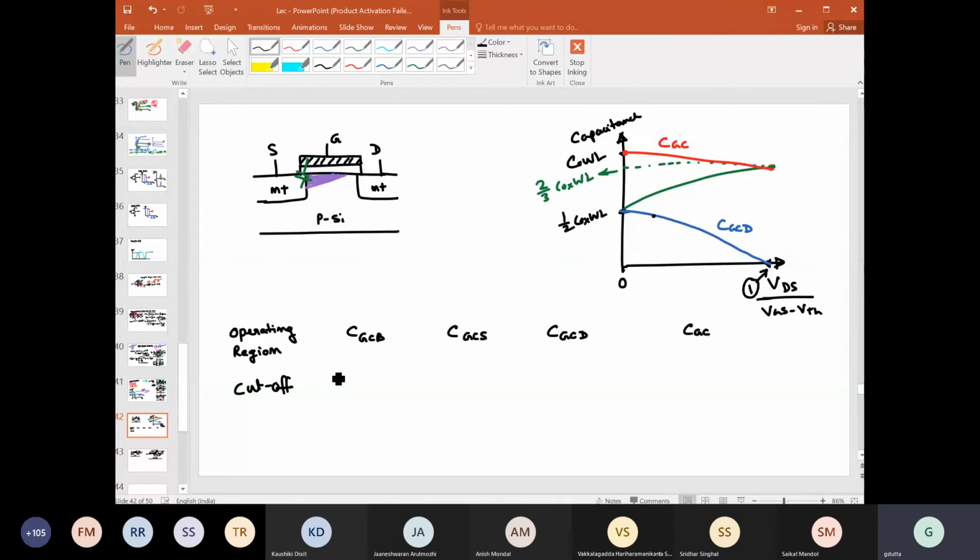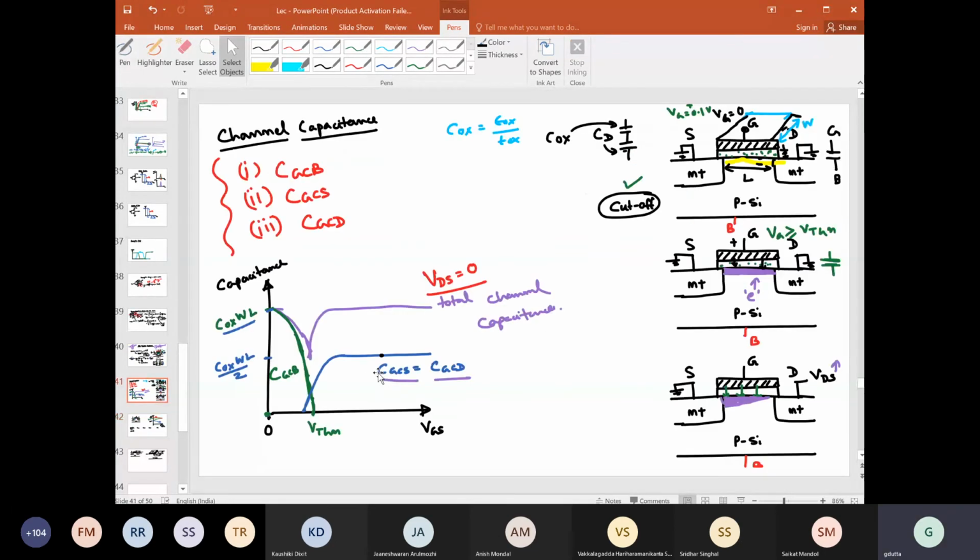Okay, so in the cutoff region, what will be the value of this CGCB, the gate to body capacitor, which is a part of the channel capacitance? Please tell me what should be the value. We have done this.